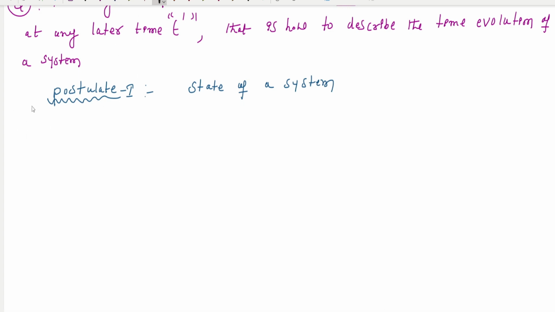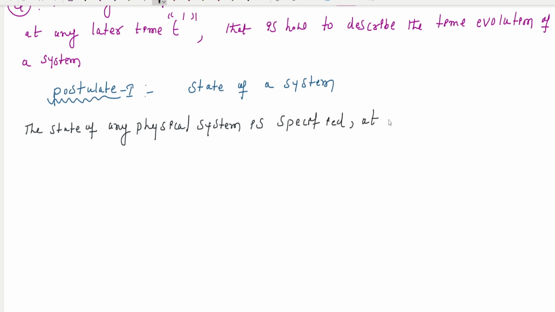So the state of any physical system is specified at each time by a state vector, that is a ket vector.